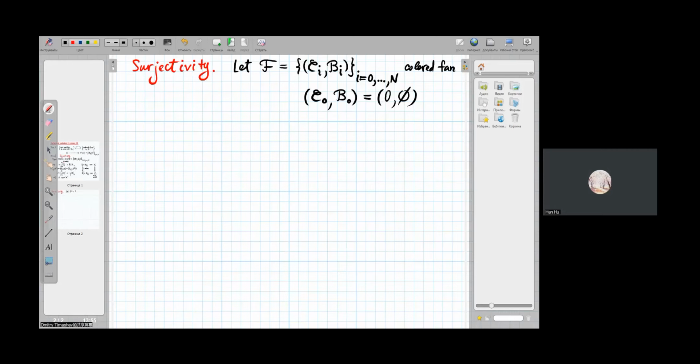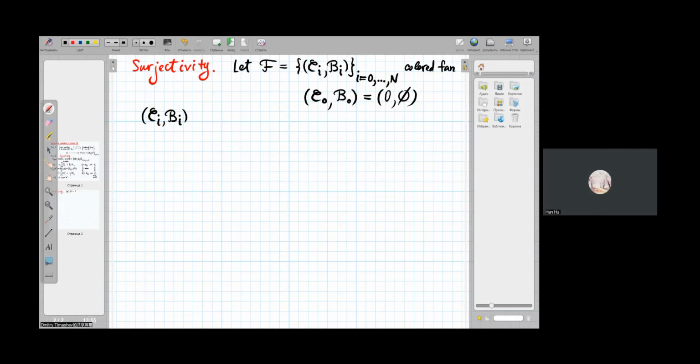Now, for any of these cones, they are equal, just equal, because one of the conditions defining the colored fan is that this set is closed under taking colored faces.